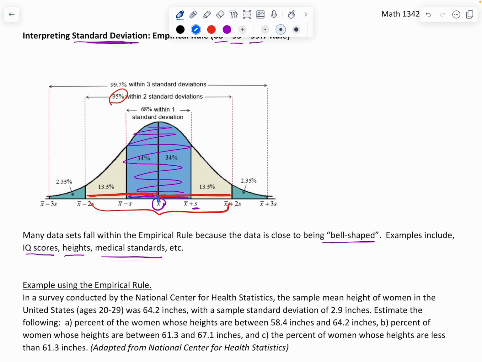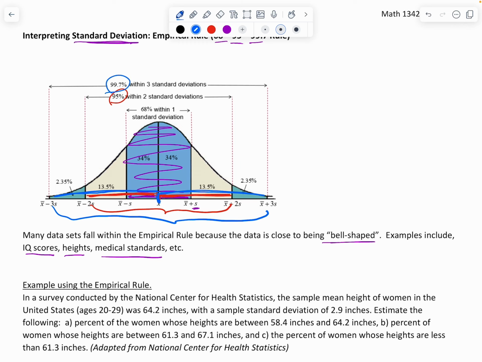And then within 3 standard deviations, so again, here is my mean. 3 standard deviations goes that way. So 3 standard deviations, here's my mean, here's 3 standard deviations and 3 standard deviations.